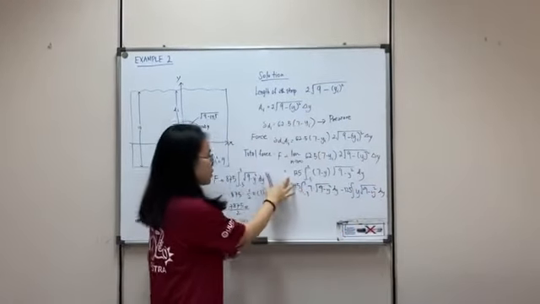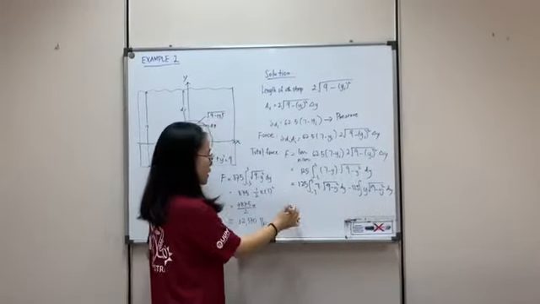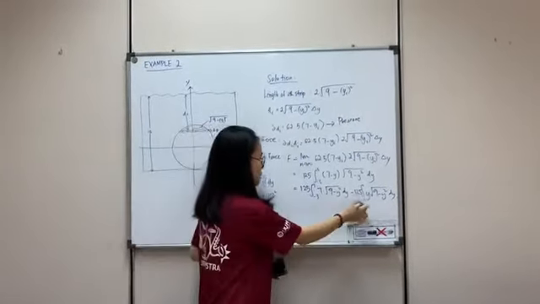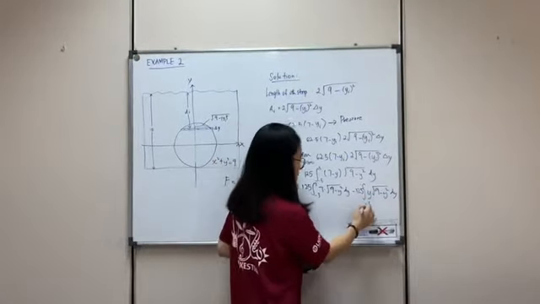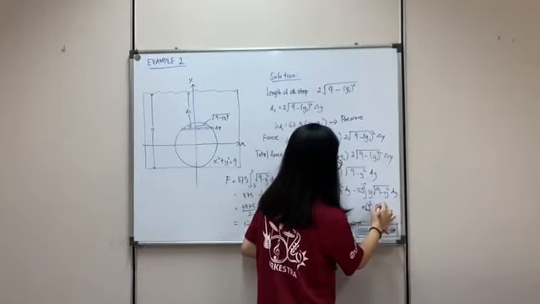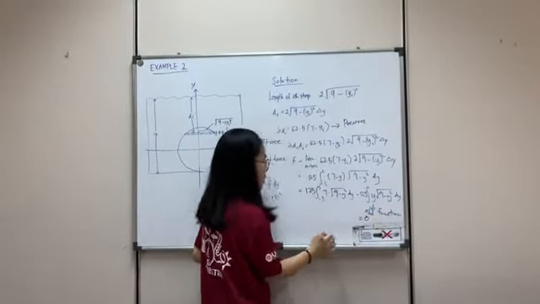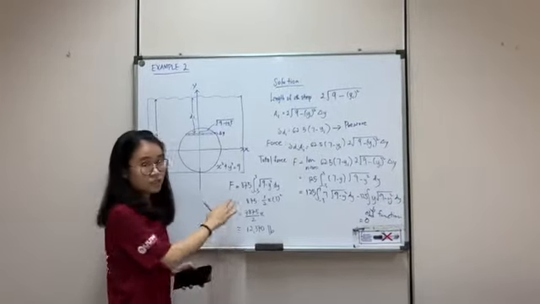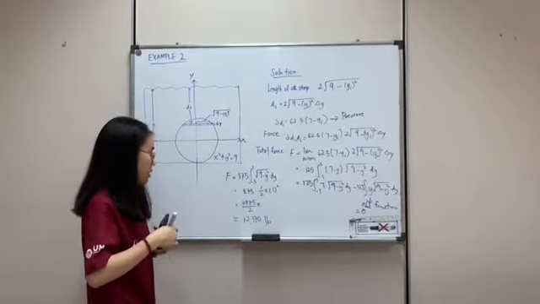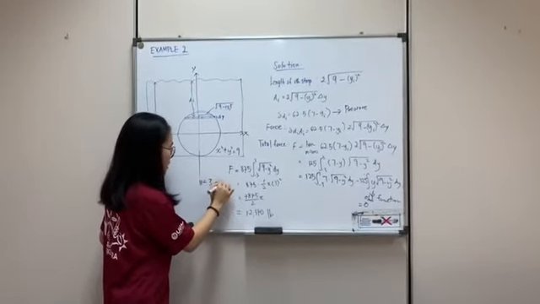So we will separate it into two integrals. The integral of the first is of an odd function, so this value will be 0. And then we will do this one, which we will solve by using trigonometric substitution, y equals 3 sine theta.